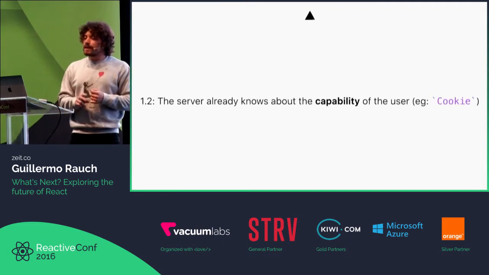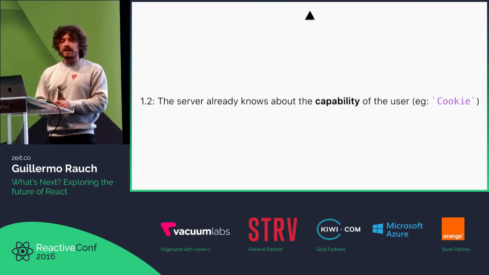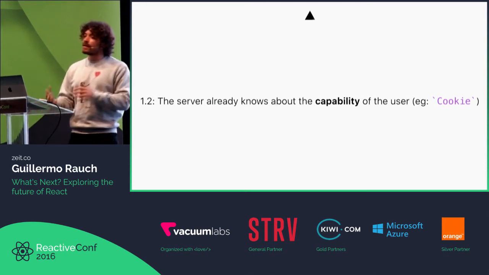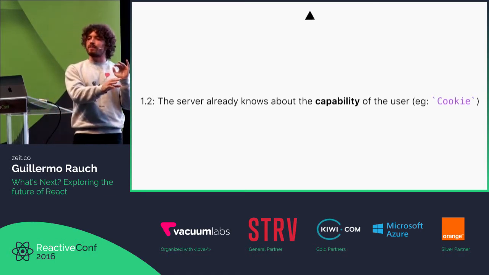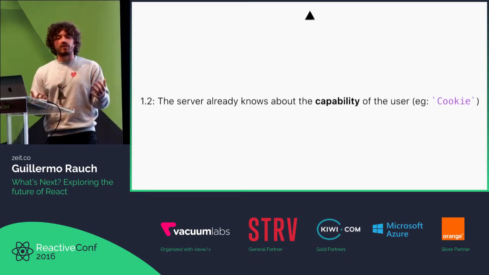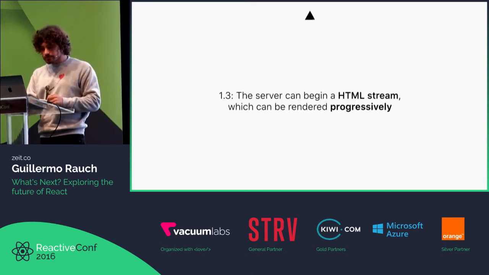Number 2, the server already knows the capability of the user. So, for example, if I go to github.com, there are 2 different representations for that page, whether you're logged in or logged out. So with server rendering, we have the ability to return a layout that matches that user's capability. In this case, you would render a login form, or you would render the admin panel of your application.